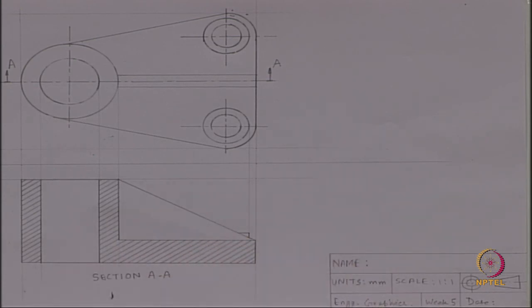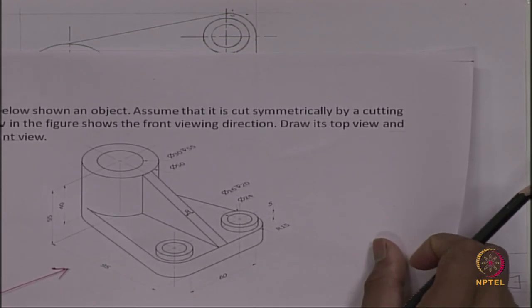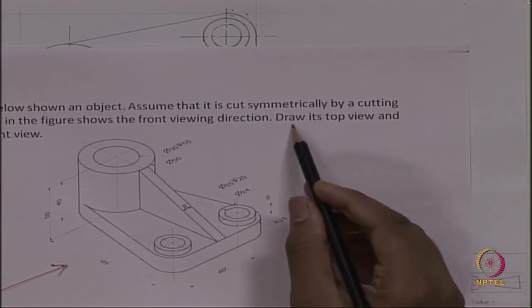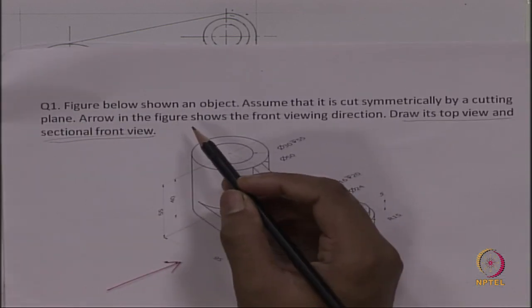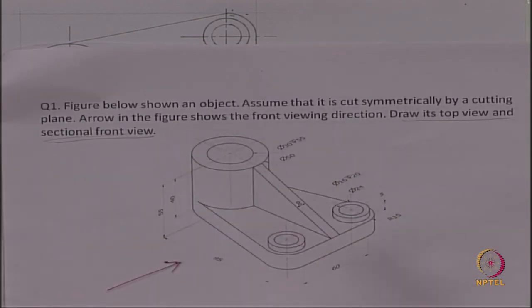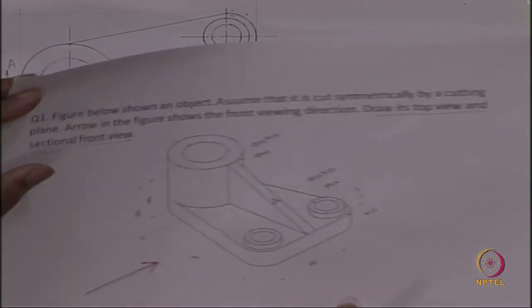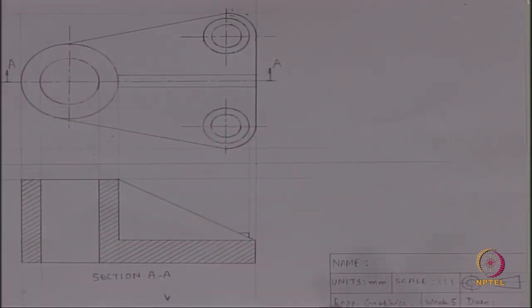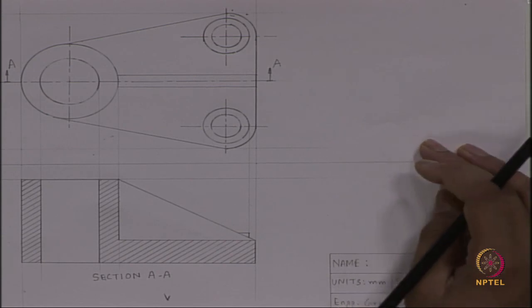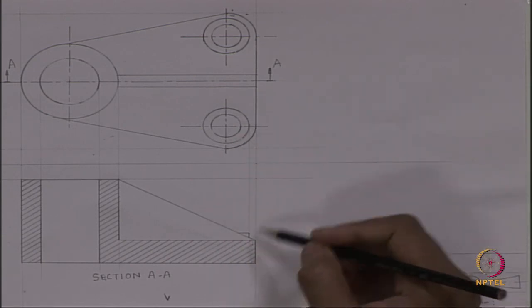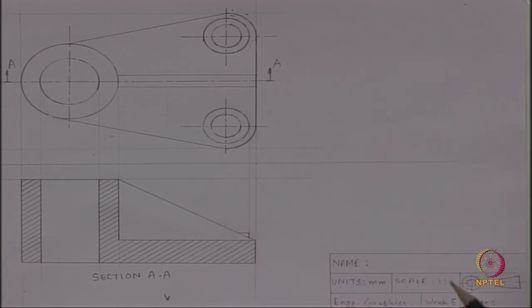If we look at the question paper, we have just been asked to draw its top view and sectional front view, and we were not asked to do the dimensioning, so we won't do it. So, this is our top view and sectional front view, and this is our cutting plane.